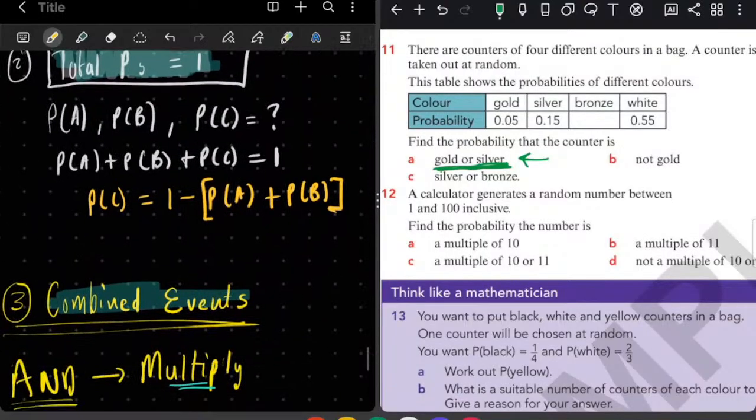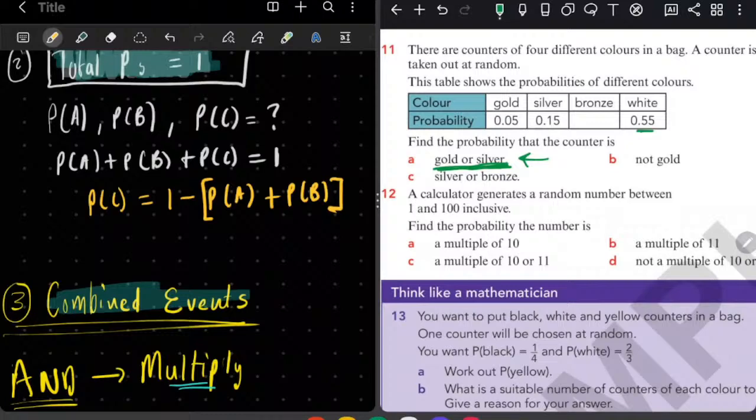Do we use the second one where you are given other probabilities and another one is missing? No, right? This second one, we use it when we are asked to find the probability of bronze, because we have gold, we have silver, we have white. We don't have bronze, so we know that they add to give you 1. So second method, we use it when we are asked to find probability of bronze, right?